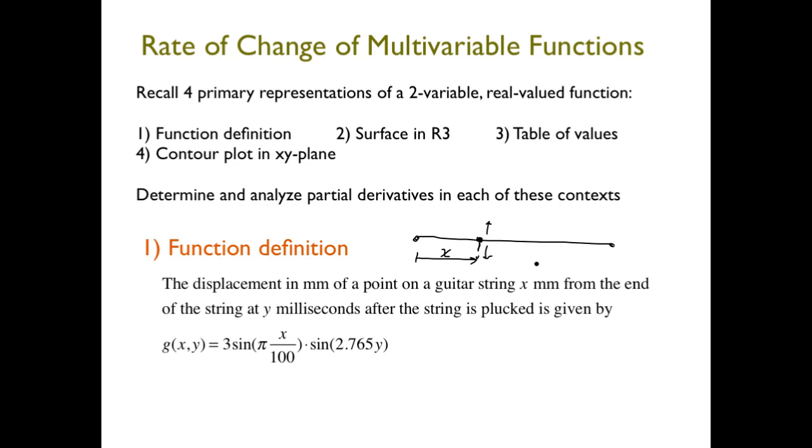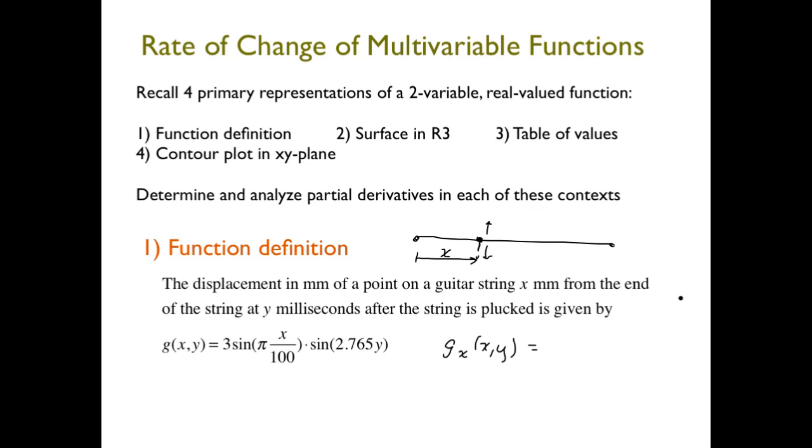let's find g sub x of x and y. The partial derivative of g with respect to x. So what does that mean for us? It means, first of all, what about y? It's constant.